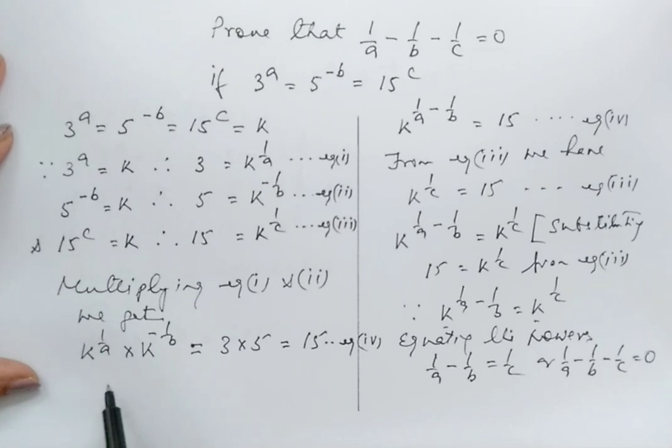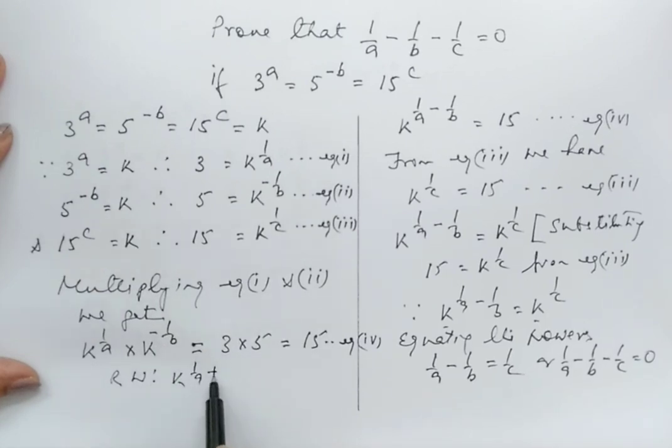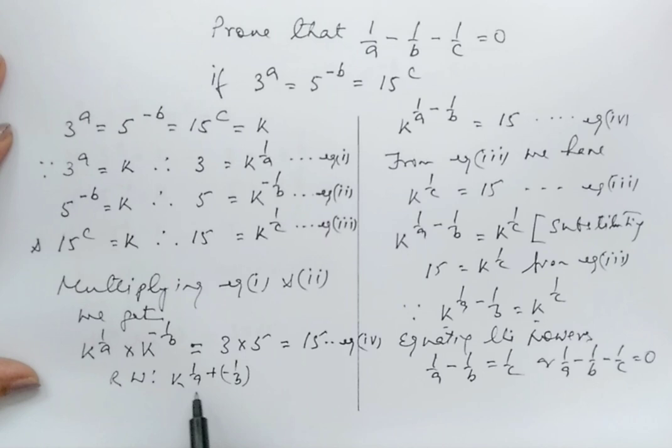Over here, a little bit of rough work I would like to show: we have k to the power 1 by a and plus minus 1 by b, we add up. Whenever we have a multiplication sign and the bases are the same, we add up the powers, which is what we have done.